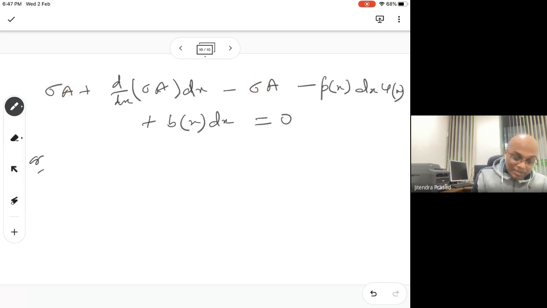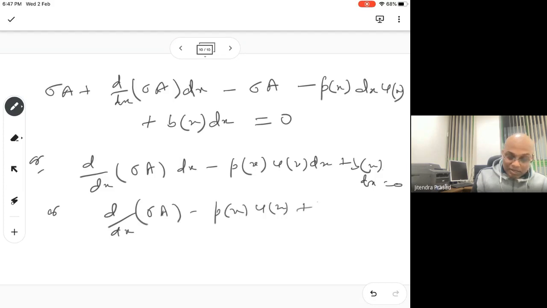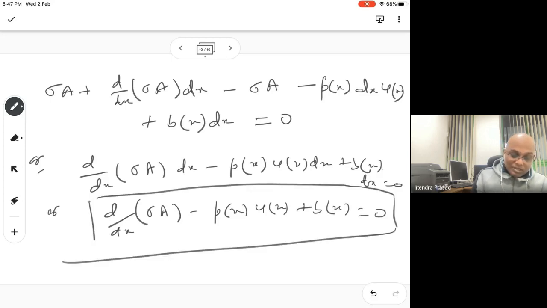So we will simply get d over dx of sigma A times dx minus p_x u_x times dx plus b_x times dx equal to 0, or d over dx of sigma A minus p_x u_x plus b_x equal to 0. So this is your equation.